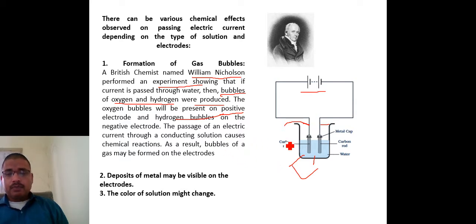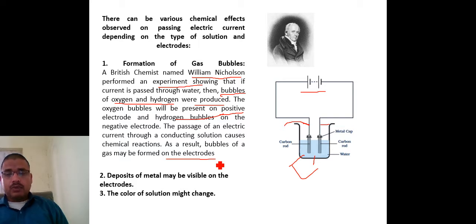Why does this happen? Because there is a chemical reaction between the water and the electrode when the current passes through the source, like a battery. As a result, bubbles of gas are formed on the electrodes. There are two electrodes, the positive and the negative electrode, where the bubbles formed in the water are collected.